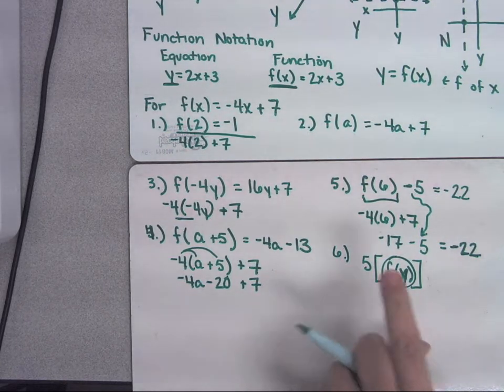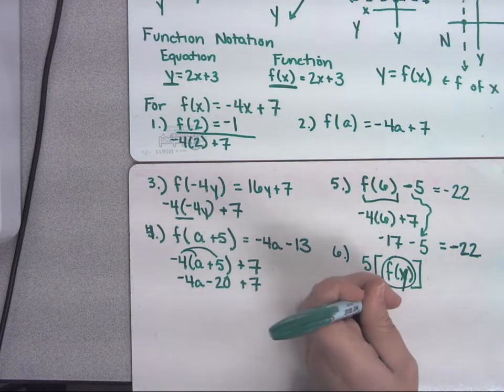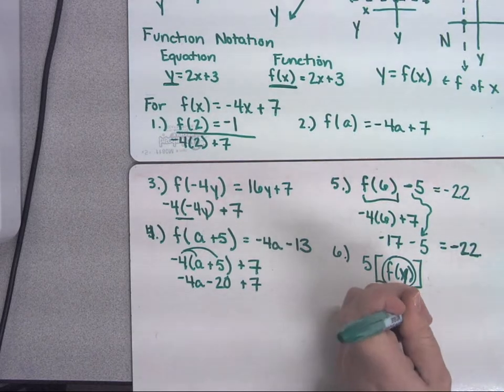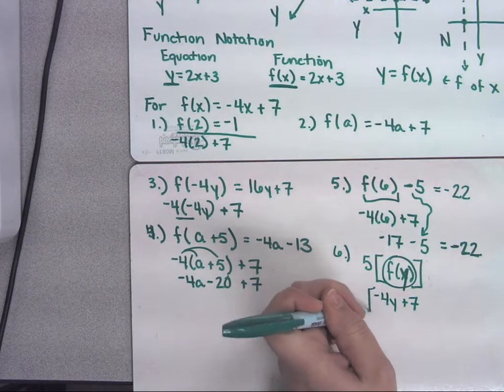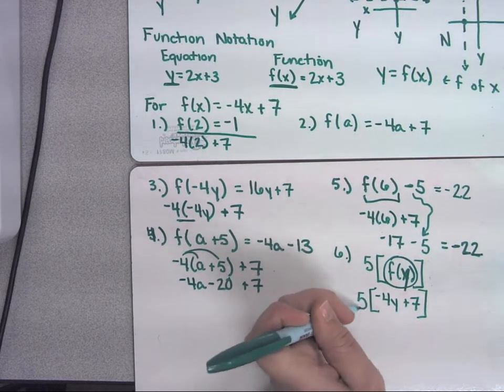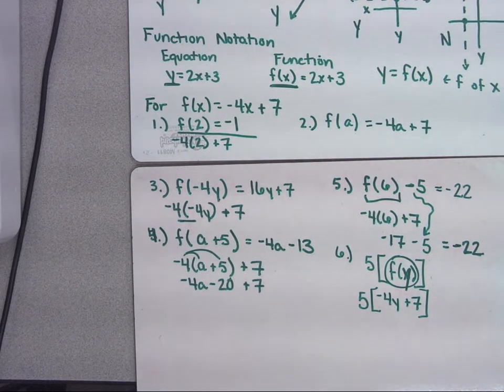So it'd be like negative 4y plus 7. Then what are we going to do with this? You bring it down. What operation is that? Distributive property, right? It's multiplication. You just multiply everything by 5, and that would be your answer. Do all the function stuff first, leave everything else for last. That is 1.7. Does that make sense? It's not so bad. This is why we learn relations first.